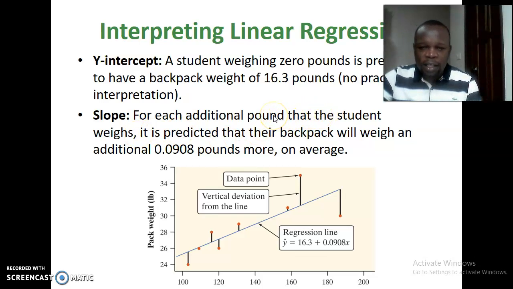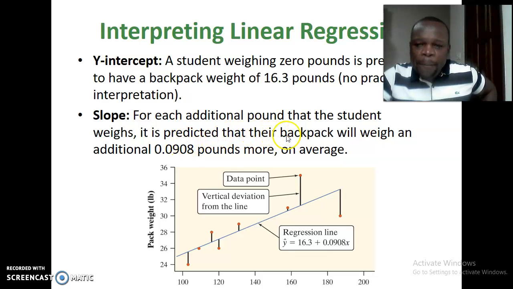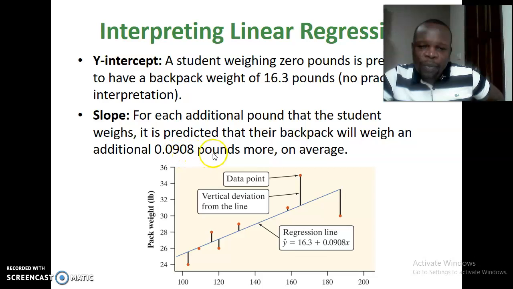It could be any other type of data, but of course, it has to be quantitative in nature. So it's predicted that their backpack will weigh an additional 0.0908 pounds more on average.